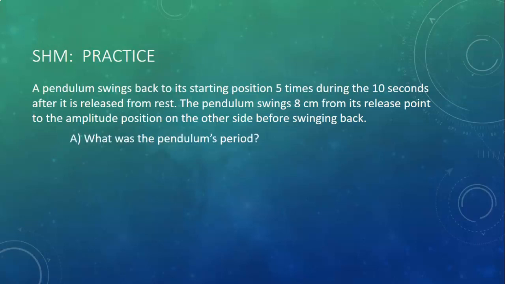So, first question, calculate the period of the pendulum. I'm going to give you a moment to do that. Here are the numbers that you see there. Okay, and hopefully you came up with the same thing I did. If it was 10 seconds for 5 vibrations or 5 cycles, the period would be 2 seconds.